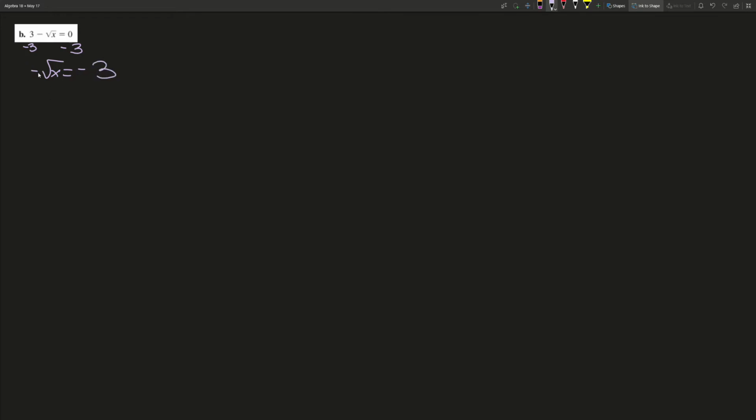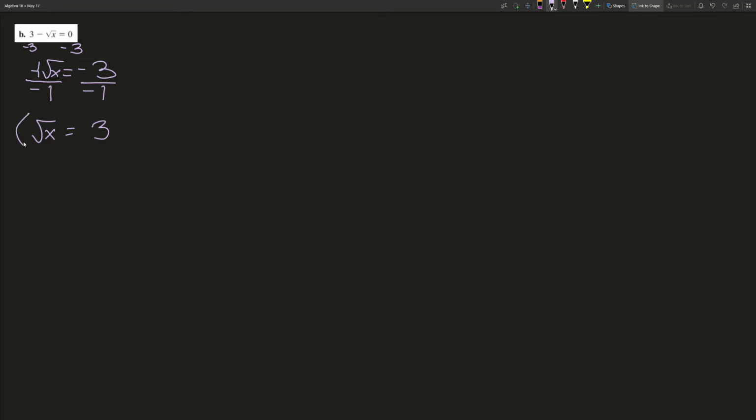Once again, this negative is outside, so we're going to try to get rid of that as well. So we can divide this whole thing by negative 1. Remember that if there's nothing written in front, we assume it's a positive, we assume it's a 1. Which leaves us with root x is equal to, negative divided by negative is positive, so 3.